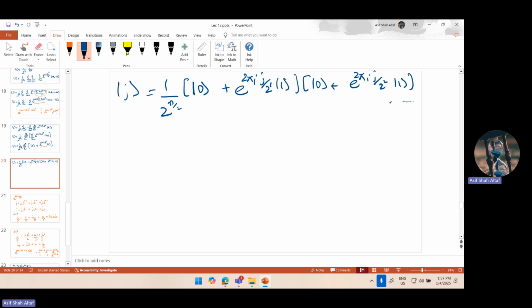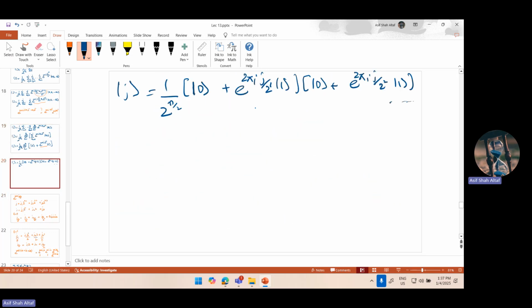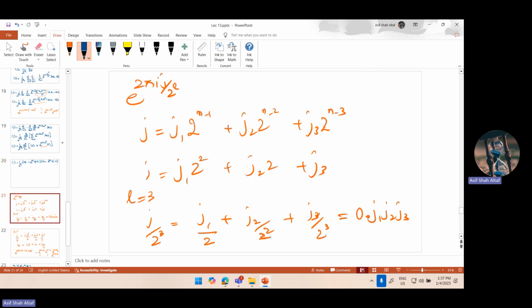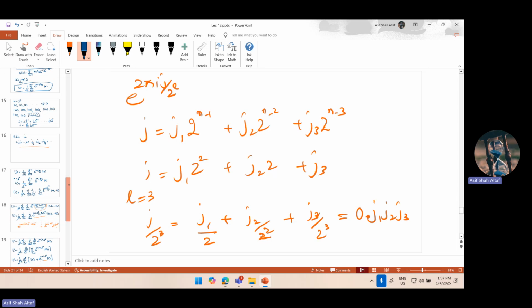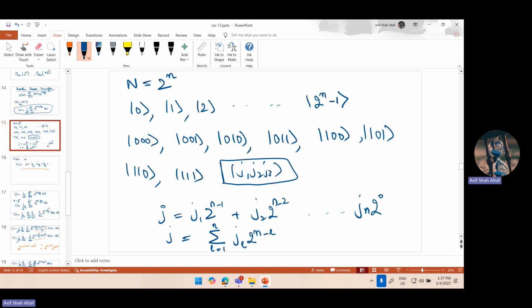Now here j has a representation something like this, and you are dividing it here by 2. If you again go back to what we saw somewhere here, when you divide all the terms by 2, they will still have a dominating term in the numerator.